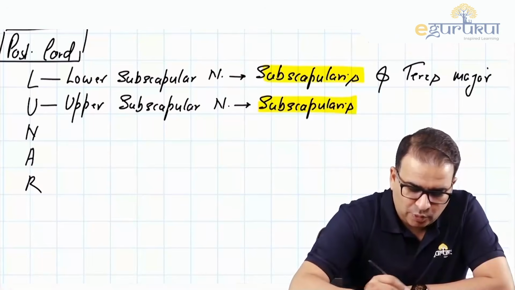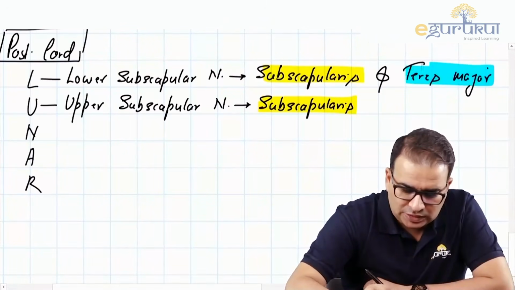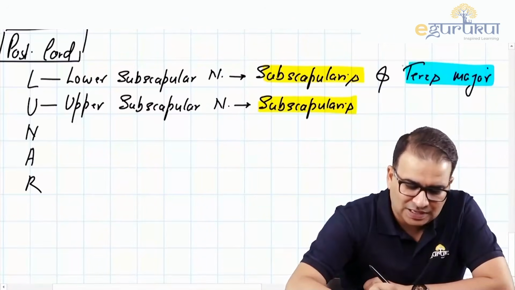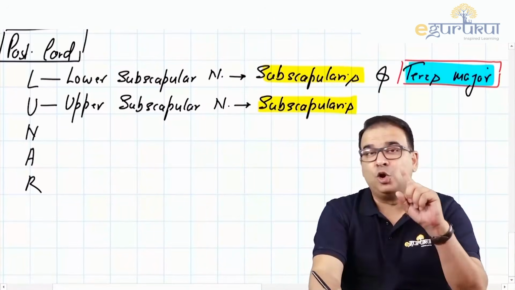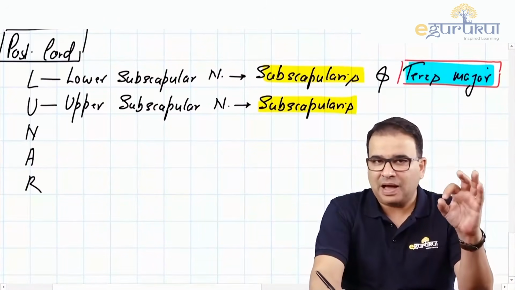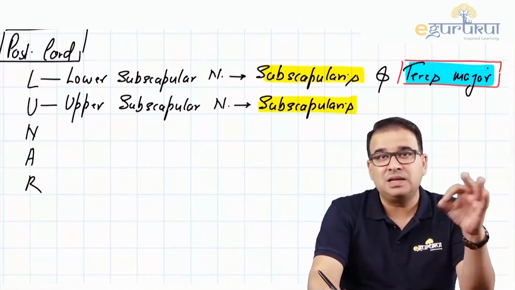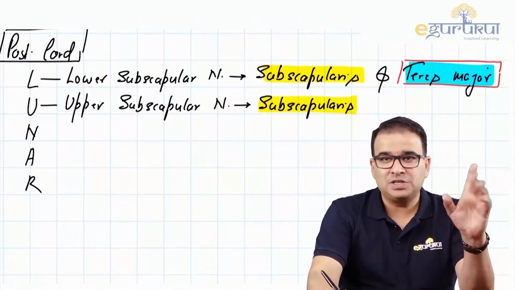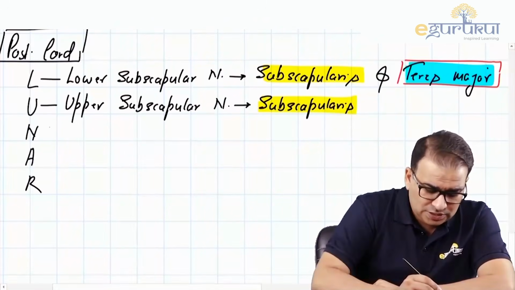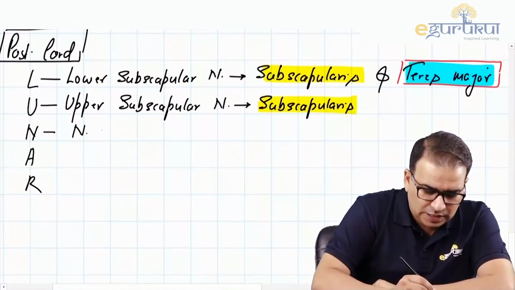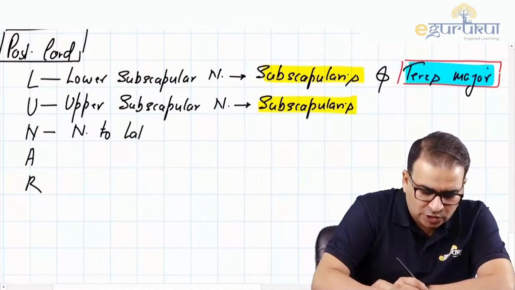So that is the point to be remembered here. First of all, subscapularis is what type of muscle? It's a hybrid muscle. And secondly, teres major is supplied by the lower subscapular nerve. Now you've got to keep an eye on the nerve supply to teres minor and teres major. So teres major is supplied by what? Lower subscapular nerve. Coming to this N, N here stands for the nerve to latissimus dorsi.